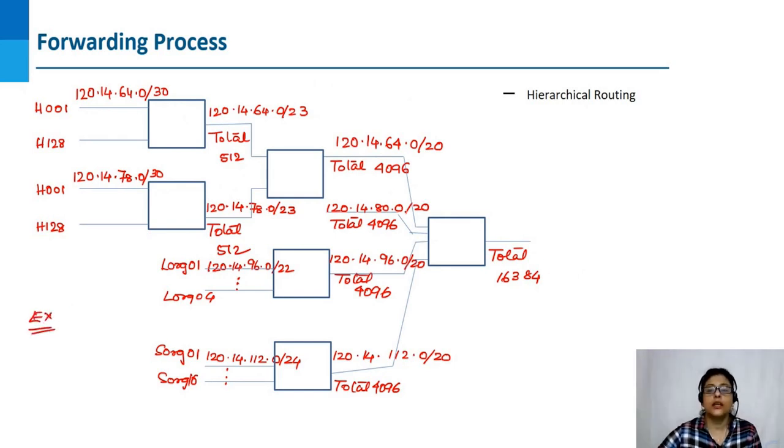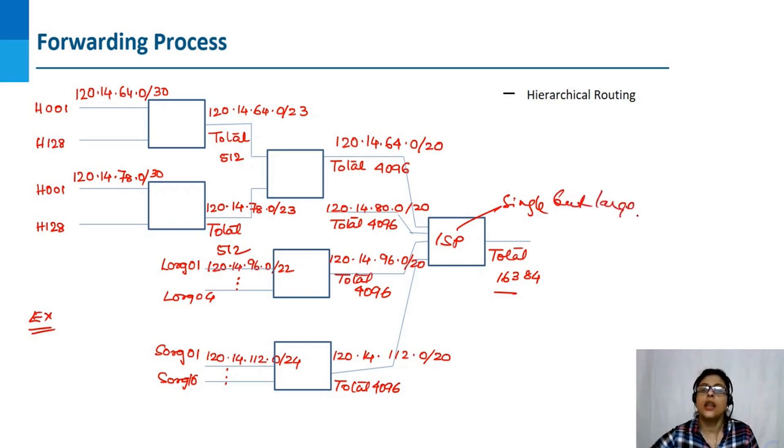You see here there is an ISP which has a total of 16384 addresses, and it is a single but large block of addresses.